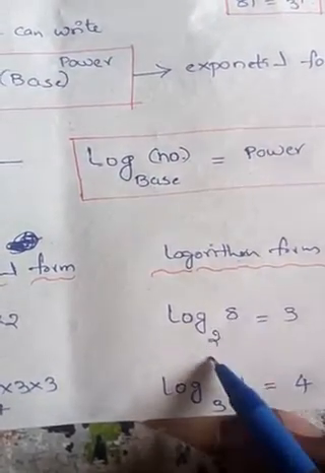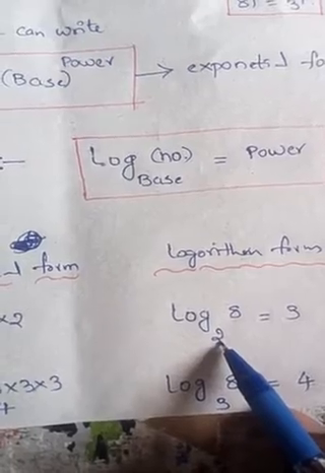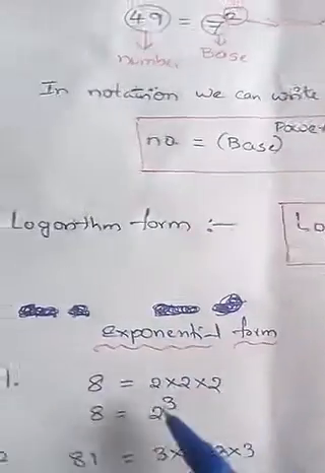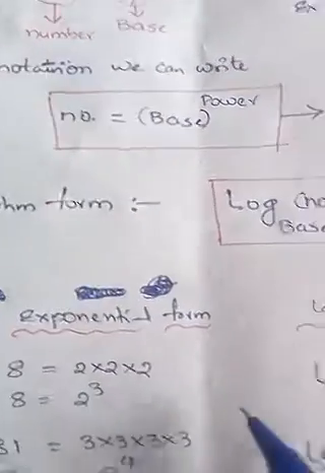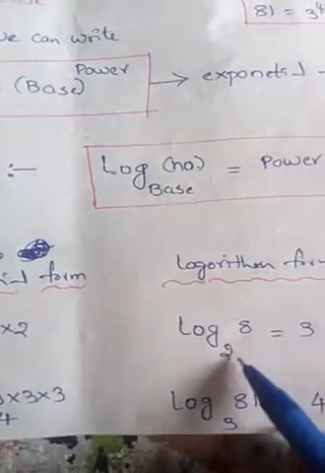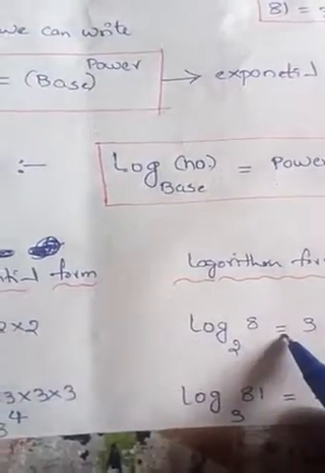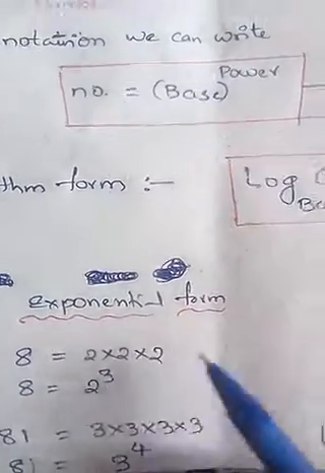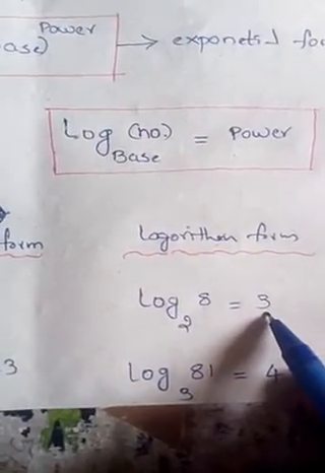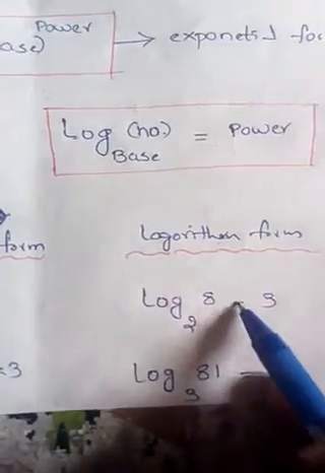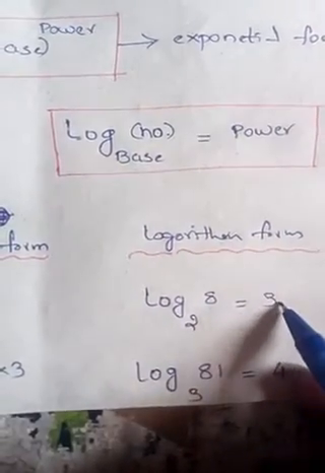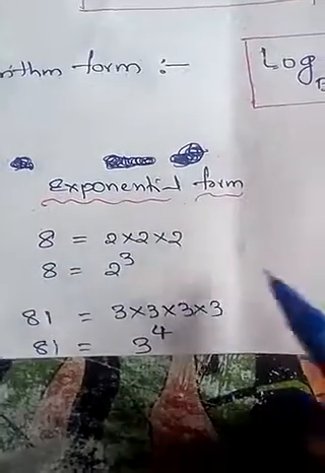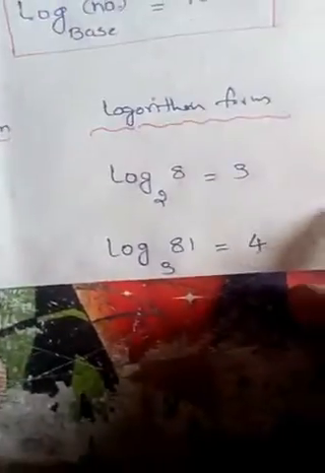This number and base, where are we taking them from? From exponential form, yes or no? So log 8 for the base 2 equals what will come here? Power. What is the power in exponential form? 3. So we write 3. So log 8 for base 2 equals 3. This is exponential 8 equals 2 cube. We can write like this in logarithm form.